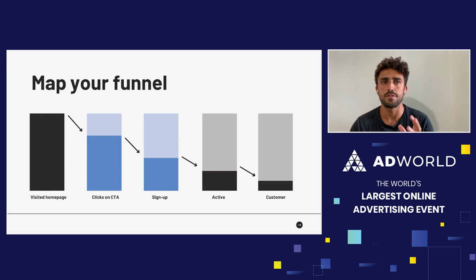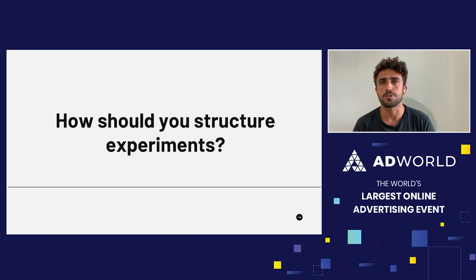Okay, we identified this. And now, actually, my favorite area of experimentation is collecting positive results, but these don't really happen as often. So my other favorite part of experimentation is around experiment structure.